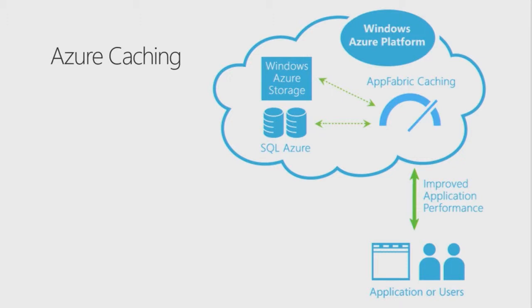If it's not the network call that is the bottleneck, if it's in fact Azure retrieving data, compiling data and bringing data closer to you, then you can use App Fabric, you can use Azure caching and bring that as close to you as possible while still being in the cloud. Like on your end of the cloud is where that would be. So that's another caching strategy, is to use Azure caching.